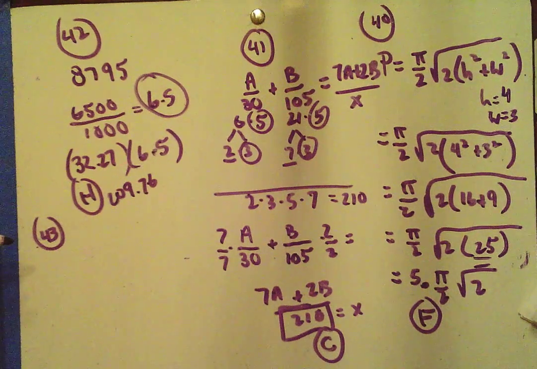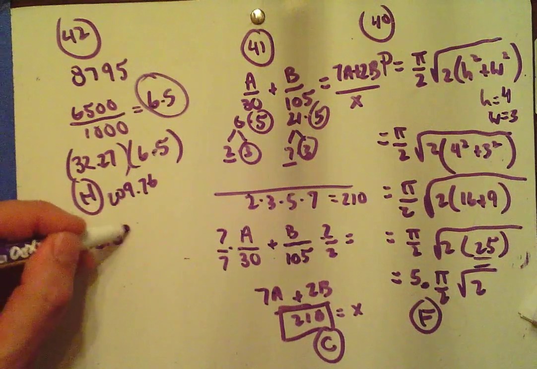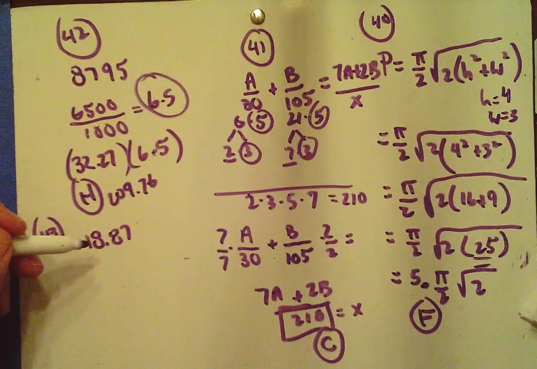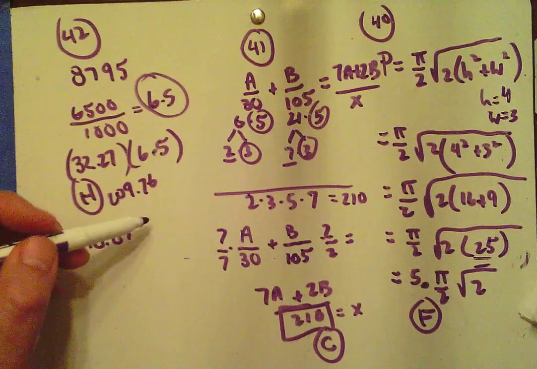Well, so if she's got a limit on how much her monthly payments can be, she probably wants the least monthly payment, and that's going to come from 60 months. So 60 months at 5% is $18.87. So if we've got $18.87, what's the max she can borrow and stay within budget?